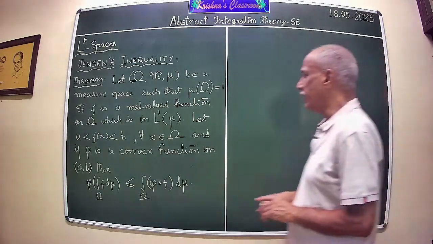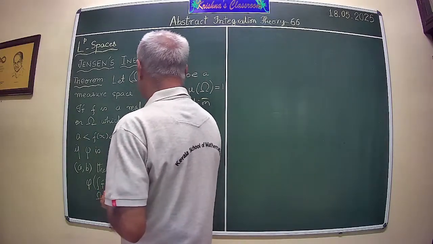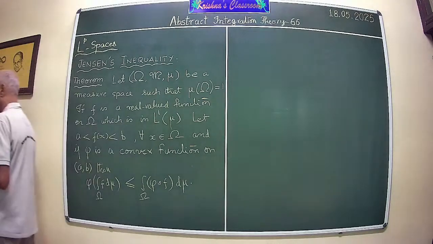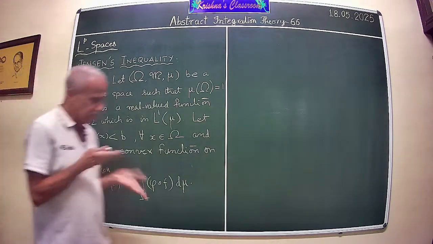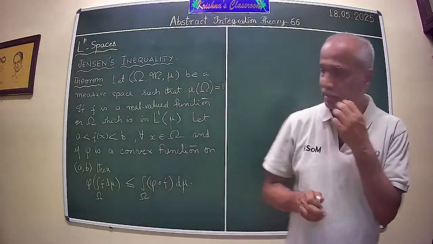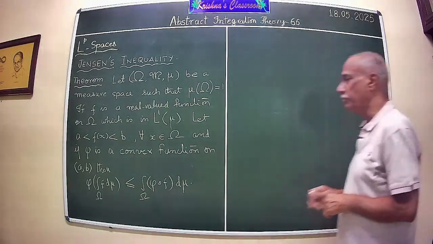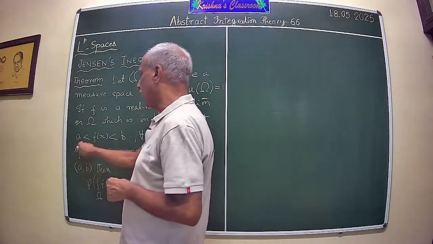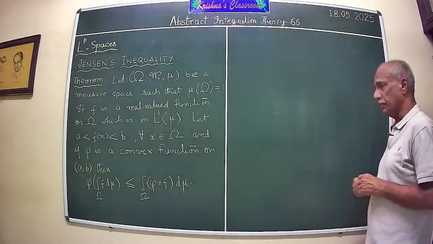Let f be a real valued function on omega, which is in L1(mu). So you are talking about an L1(mu) function on omega, a real valued one. And let f be bounded by a and b. That means a less than f(x) less than b.